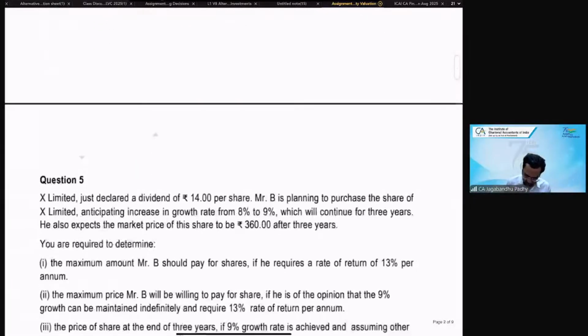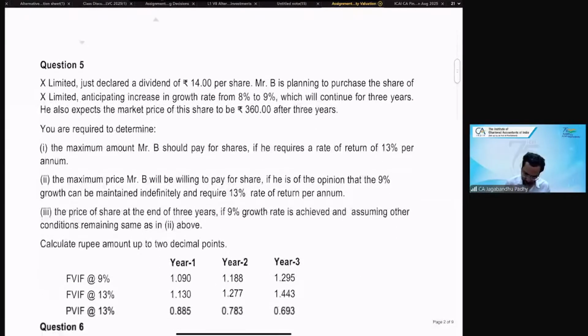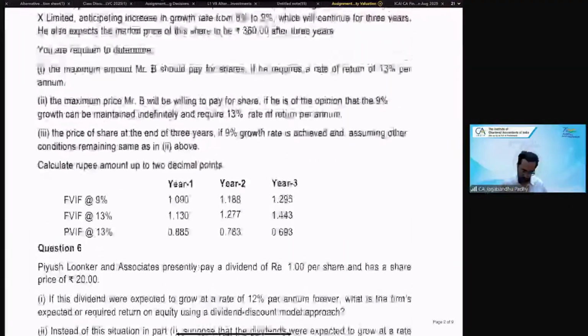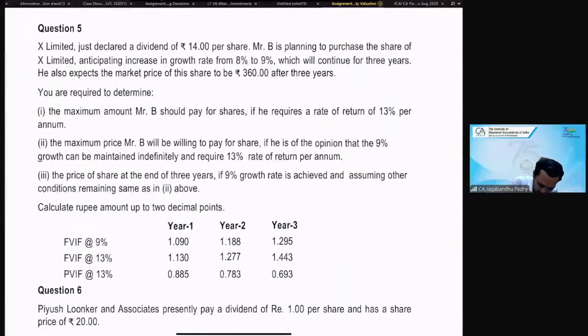Now, a similar question we have is this question number 5, guys. Let's try to solve this question 5 first.